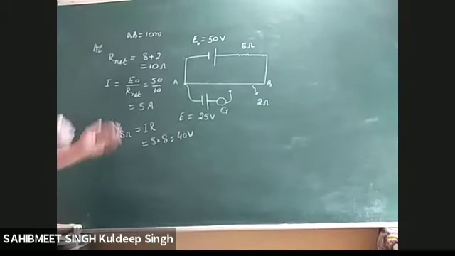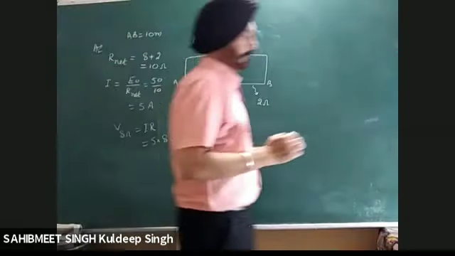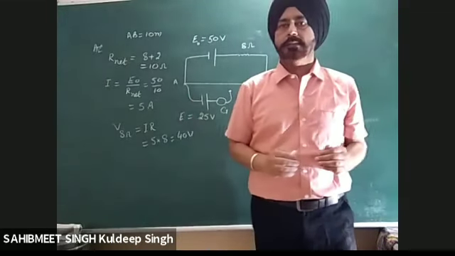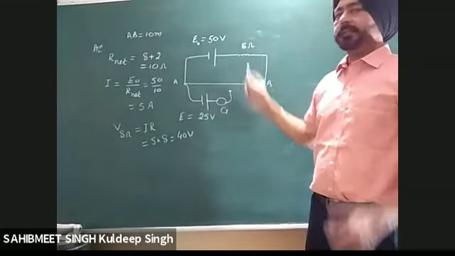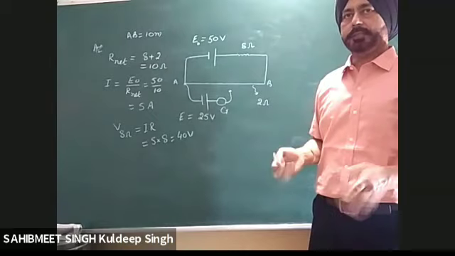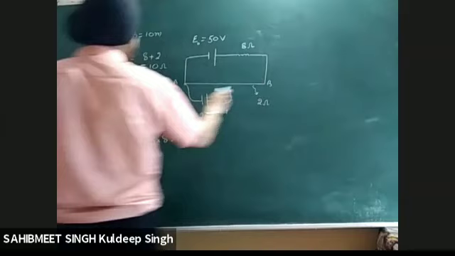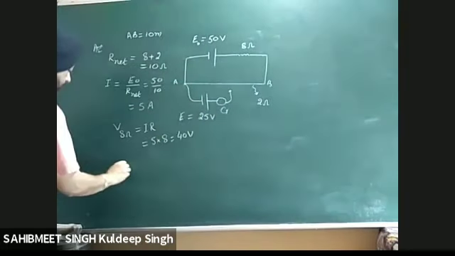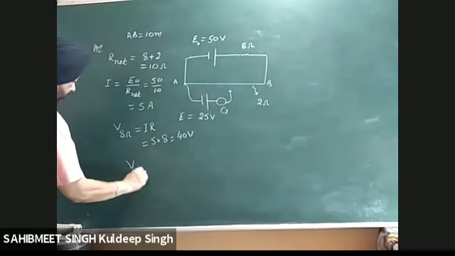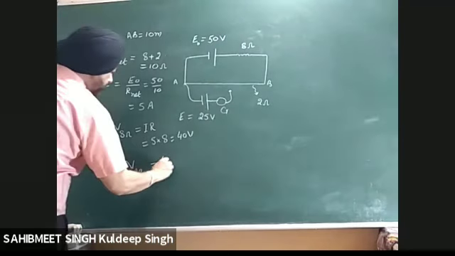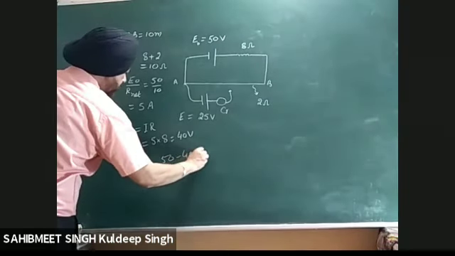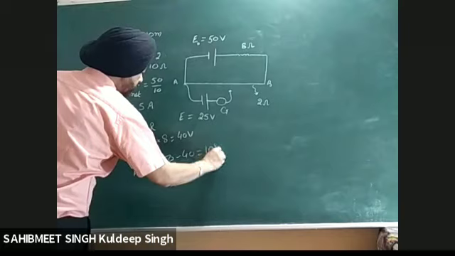So 40 volt potential is consumed by the 8 ohm resistance. So how much is left for the potentiometer? The potential drop across AB is equal to 50 minus 40, equal to 10 volt.